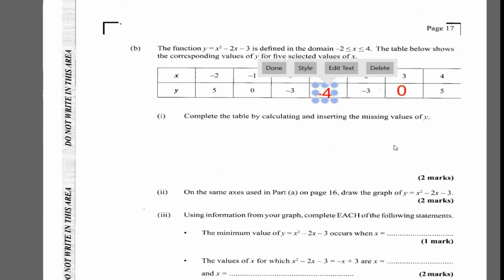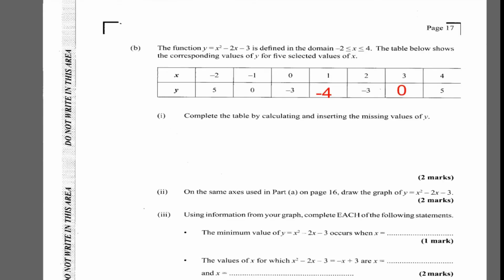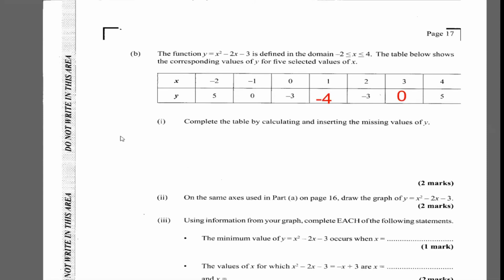So now that we complete the table, that's part I. It says on the same axis, draw the graph of x squared minus 2x minus 3. So look at page 16.